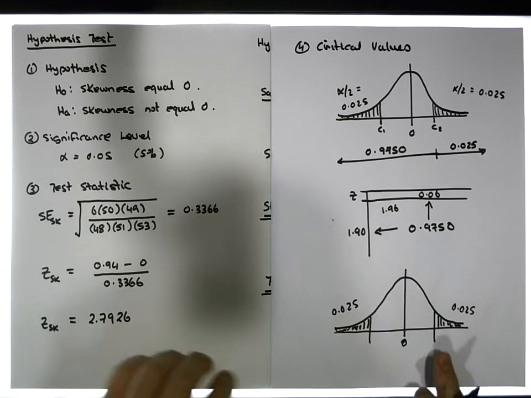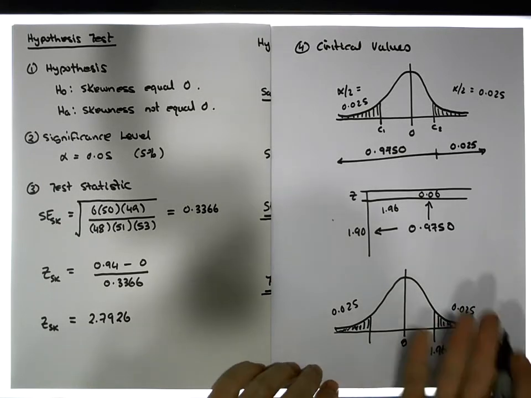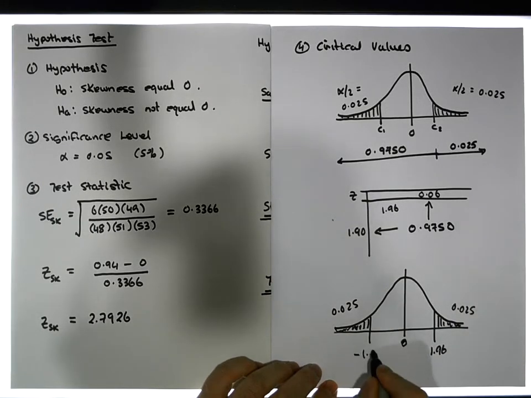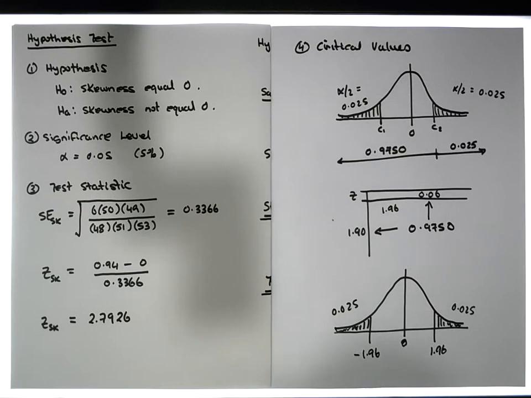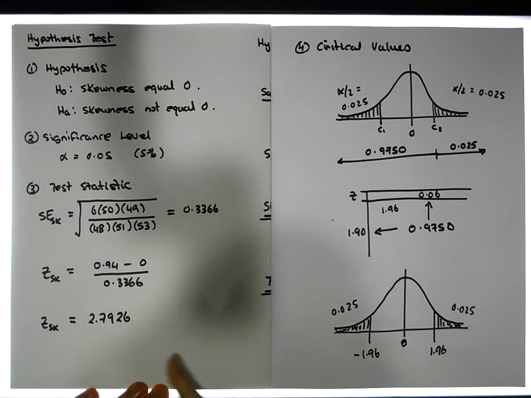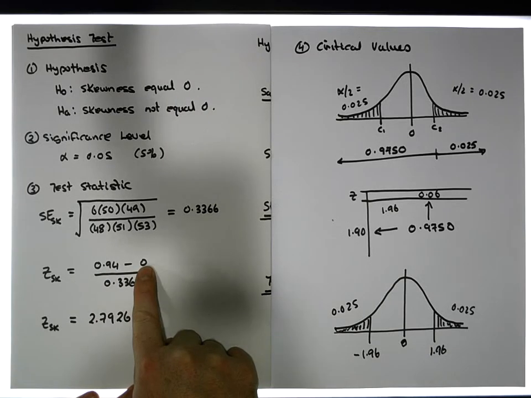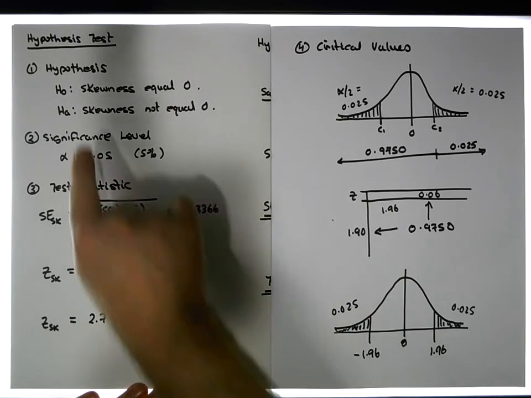Well, the critical value over here is 1.96, okay, and the critical value through symmetry over here is minus 1.96. So what we're really saying is this, if our test statistic is greater than 1.96, or if our test statistic is less than minus 1.96, that's evidence to suggest that there's a difference, okay, in what we've observed compared to what we would expect, and in which case we would reject the null hypothesis.